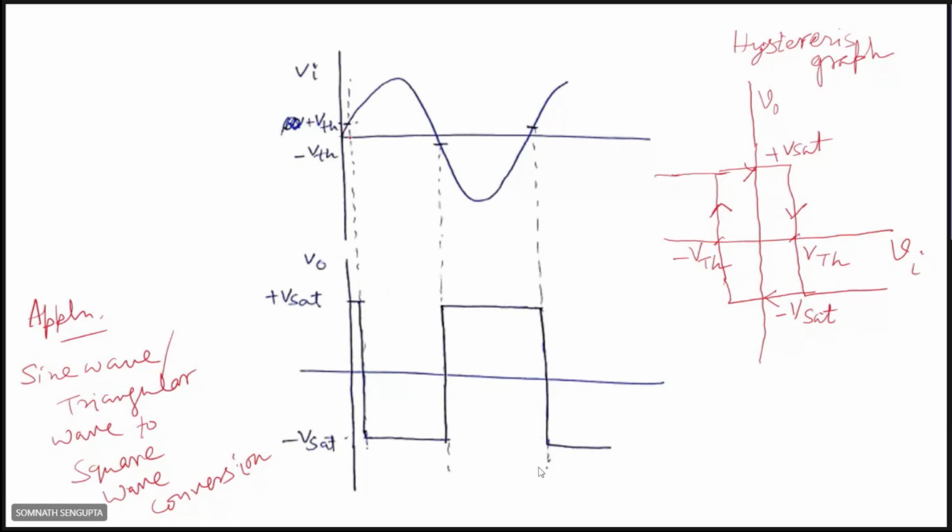You can understand here that the input voltage is changing sinusoidally, and when the input voltage crosses the positive threshold voltage, the output switches from plus Vsat to minus Vsat. So this is the operation of the Schmitt trigger, and this is the hysteresis graph that you can understand. Sir has also described earlier what hysteresis is.